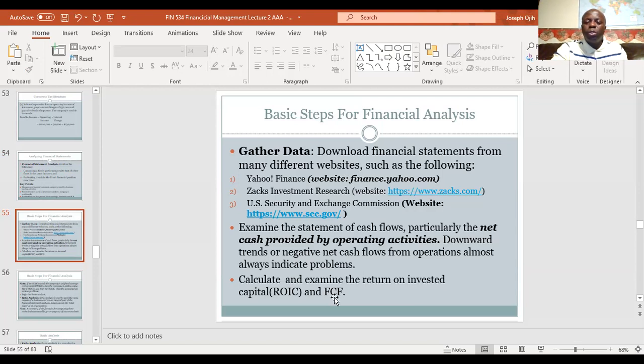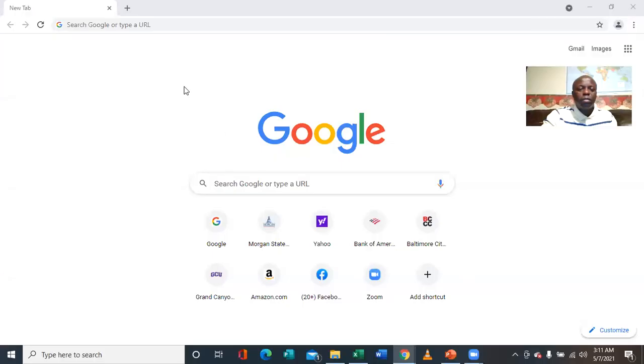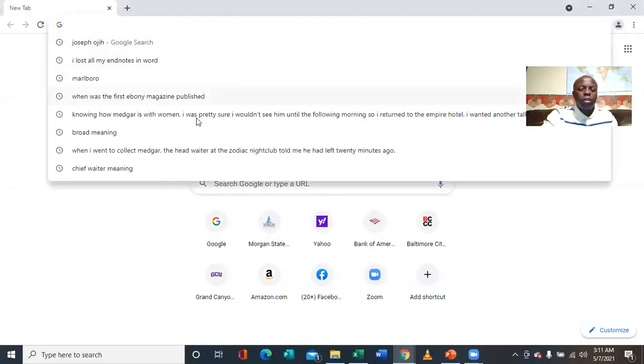Let me take you to Yahoo Finance so you can see how to use it. I have to open the website. I'm going to open the internet, and then from there, we go to Yahoo Finance, which is right here.